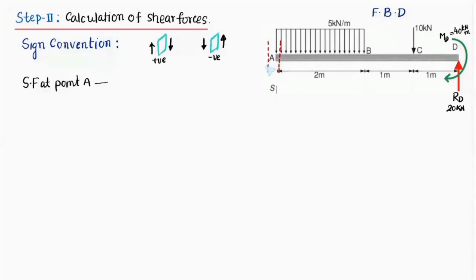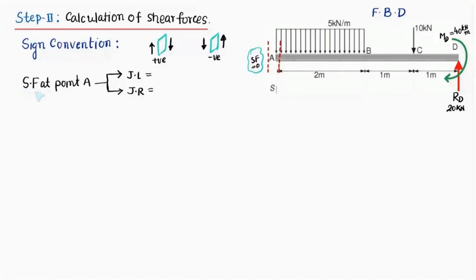The plane may be just left of that particular point A, or it may be just right of point A. One possibility is when we take the plane just left of point A, and the second possibility is we'll take the plane just right of point A. So there are two possibilities of shear forces. When your plane is here and we are looking at the left hand side of the plane, there is no shear force acting over here. So the shear force over here is going to be 0 because there is no force acting over here. So I'll say shear force at A is 0.